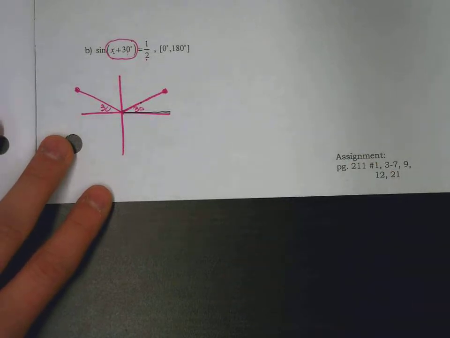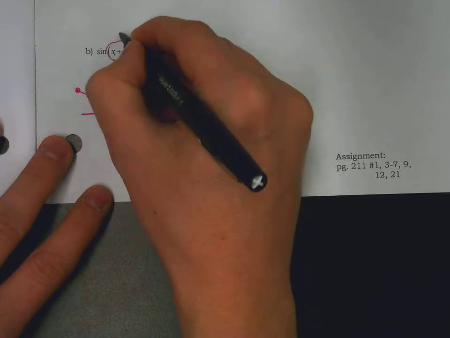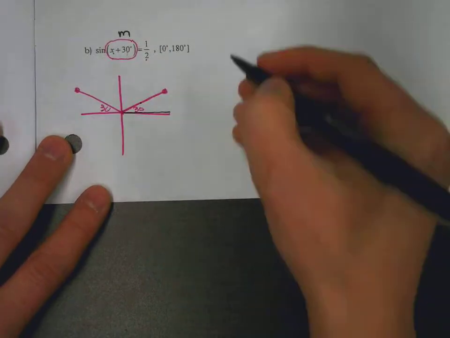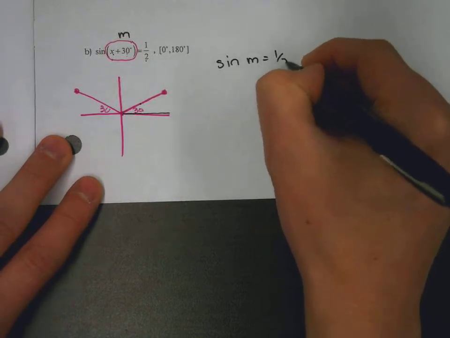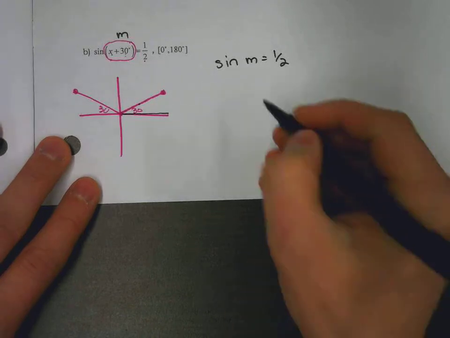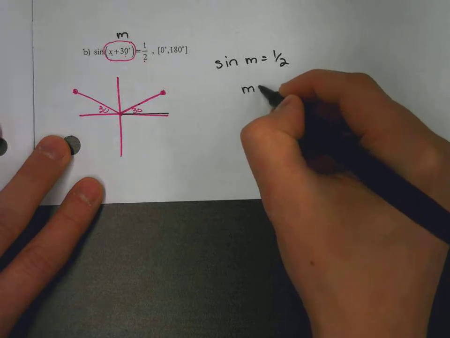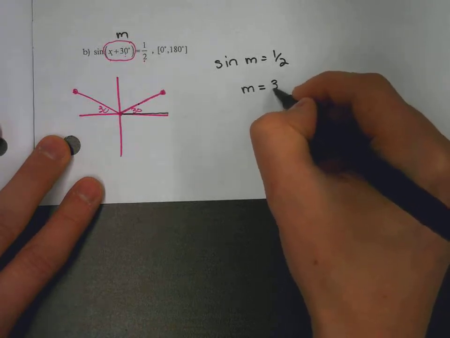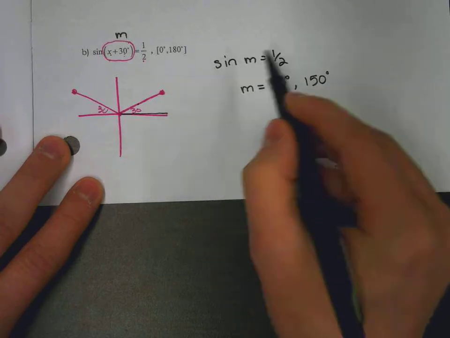What we might do to approach this a little bit differently is pretend that x plus 30 is something like an m, and I'm just making up a letter. So if I were to say sine of m is 1/2, solve for m. Well, this question would feel very similar, saying, well, I know the answer is at 30 degrees and at 150 degrees for when the y value is 1/2.